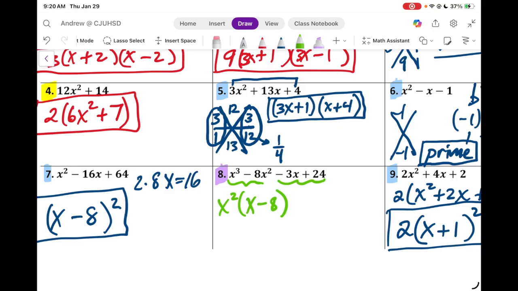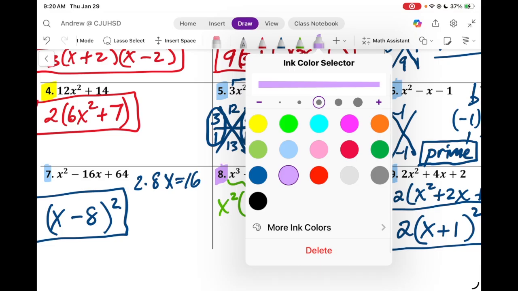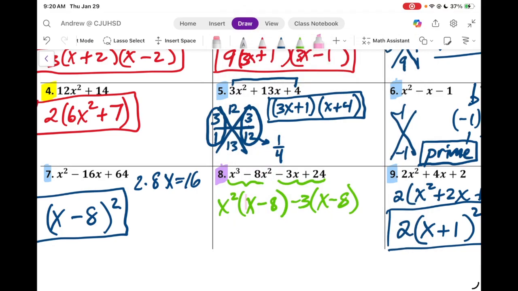And for the next 2 terms, take the minus with the 3. And 3 goes into 24 8 times. So this would be x minus 8. You see how they both have x minus 8? Well, that is mandatory. We need that to happen.